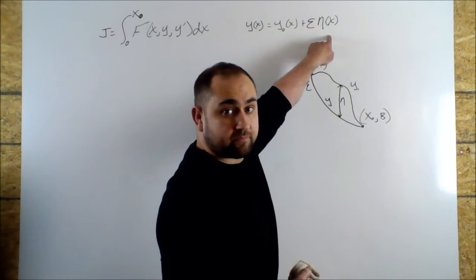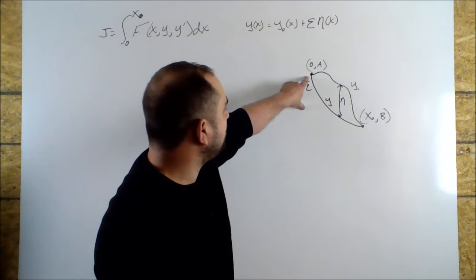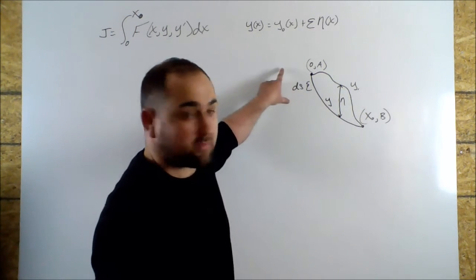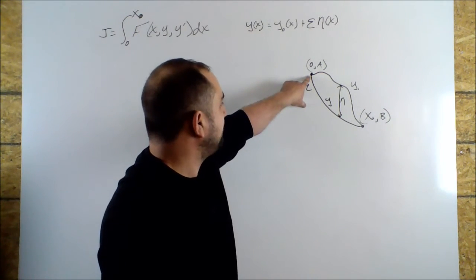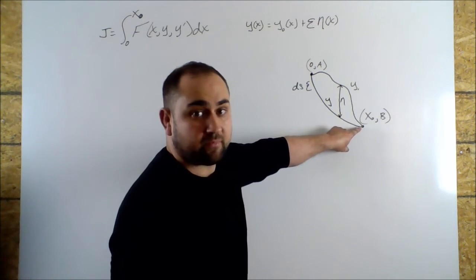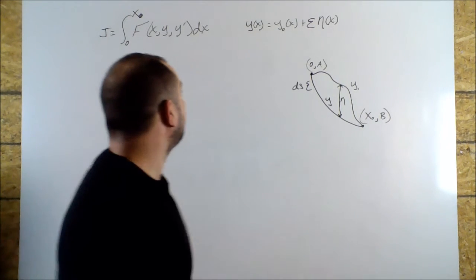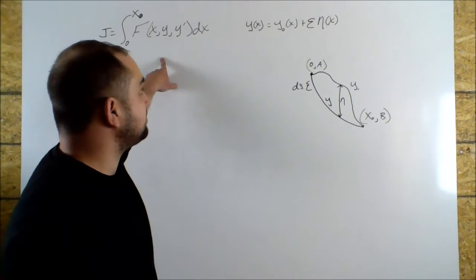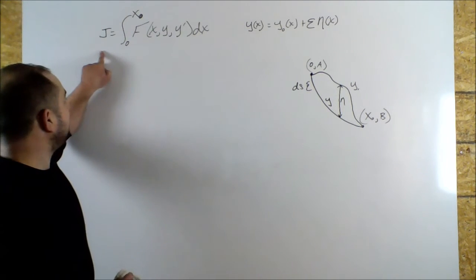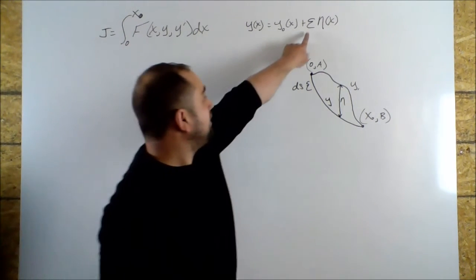Now notice that eta is 0 at the endpoints, so there's no variation between the real curve and y1 at the endpoints. We're going to use that fact during our derivation. So now let's take the derivative of this with respect to epsilon.